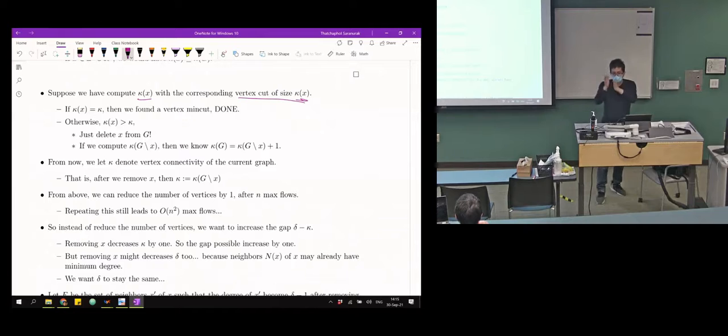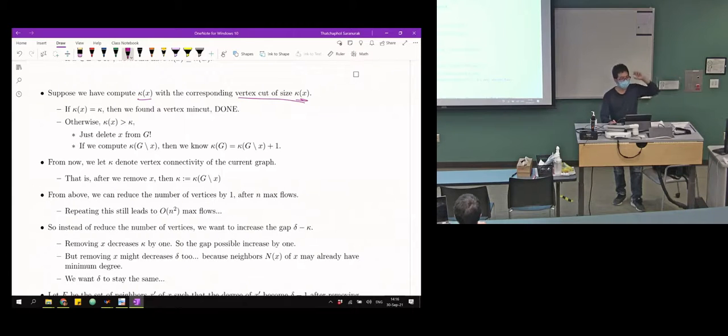If at the end it turns out that this is a min cut, then you would be done, you have found a minimum cut. But we don't know yet if this is the minimum one. You just remember what you have found so far. If it is indeed a minimum cut, you're done.